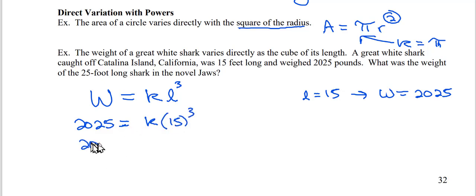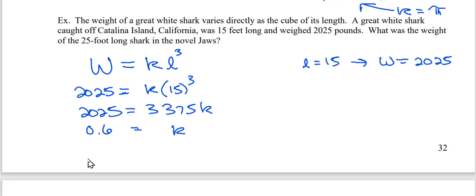So we are looking to find out what that constant is. 15 cubed is 3,375. So divide 2,025 by that number, and we get 0.6. Or if you wanted to leave that as a fraction, it would be 3/5.